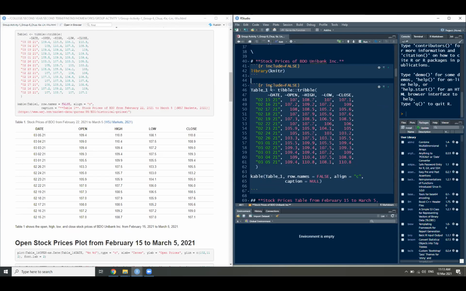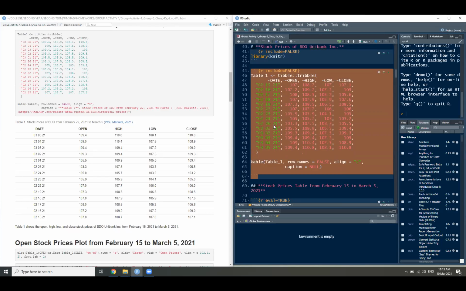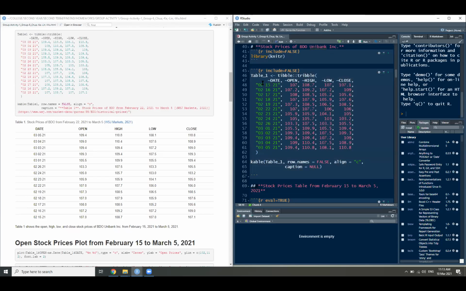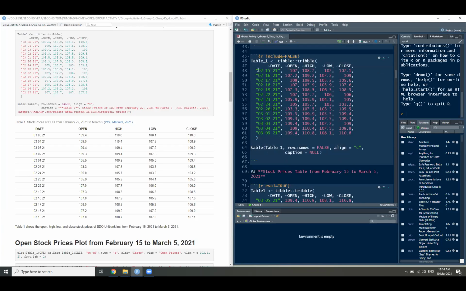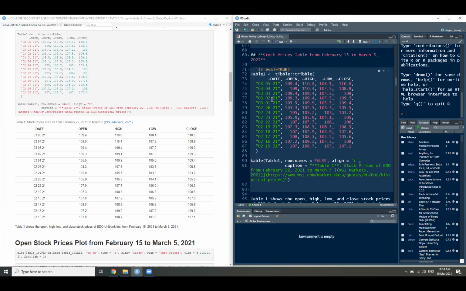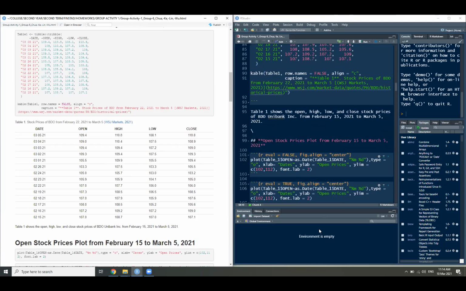Then for this one, dalawa yung code na nilagay namin for table, isang oldest to newest, which is February 15 to March 5, tsaka March 5 to February 15, kasi yung nag-start, meron kaming February 15 na start para sa plot, then yung March 5 is para lang makita, which is yung andito. Then yun lang.